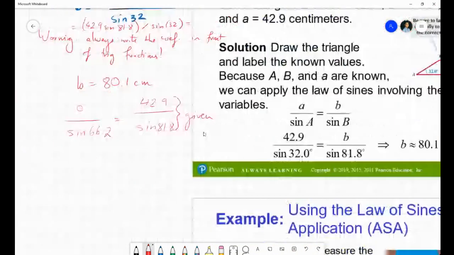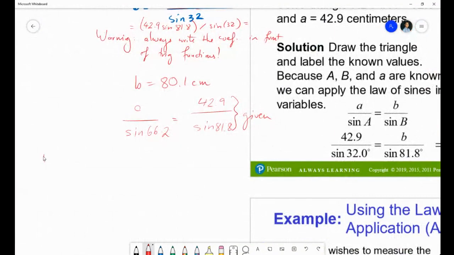Okay, so another warning I want to give you. Always use given information if possible. Sometimes it's not possible to use given information. That means you're going to have to round. The reason why we always use given information is because it is an exact value. If we are going to use something that we found, then that means we probably rounded that.